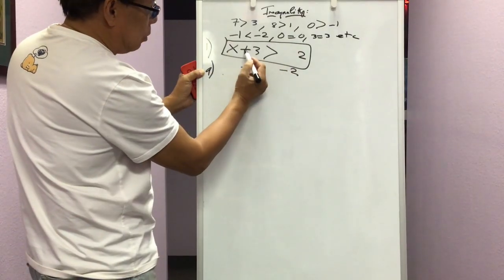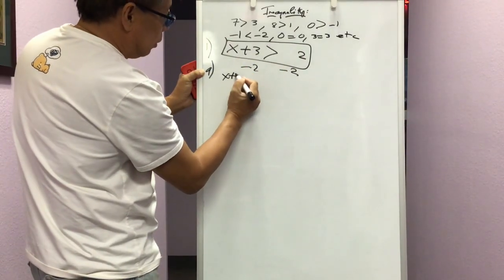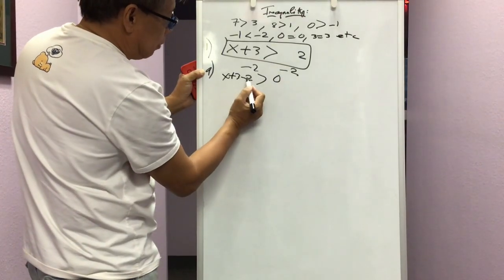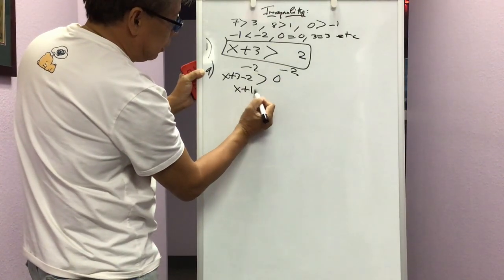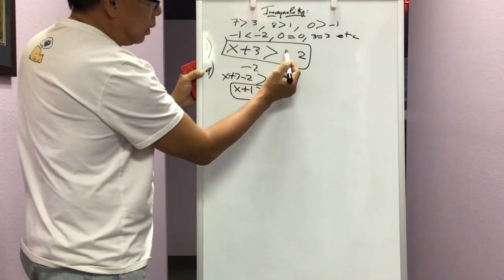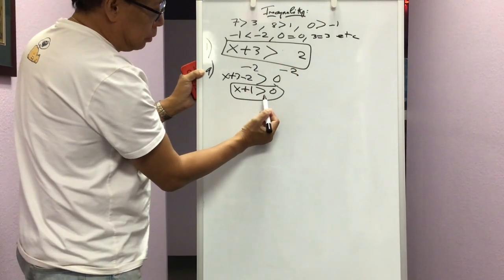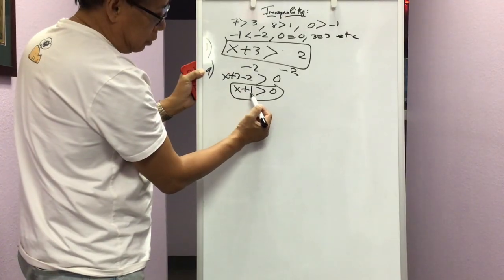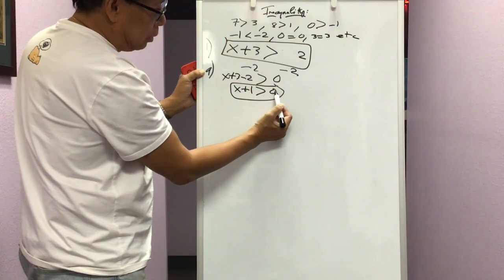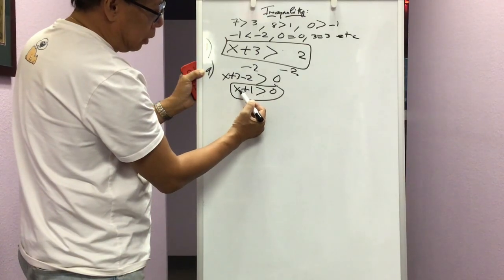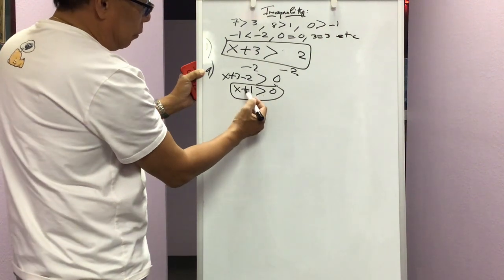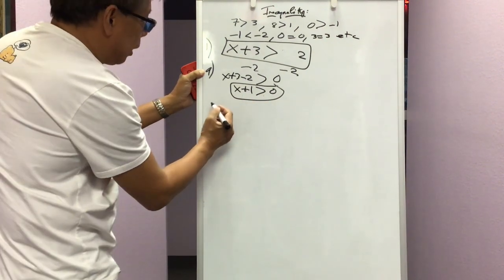So x plus 3 minus 2 greater than 0, and x plus 3 minus 2 is x plus 1 greater than 0. From this inequality you reduce to an expression with one side 0 and one side an expression.